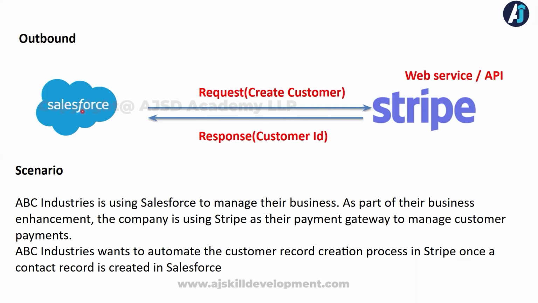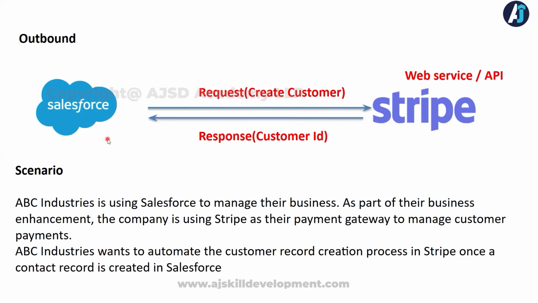So what is the expectation at the end of the day? Whenever a contact record is created in Salesforce, Salesforce should do an outbound integration, an outbound request to Stripe. Stripe will create the customer record and send the status back to Salesforce.